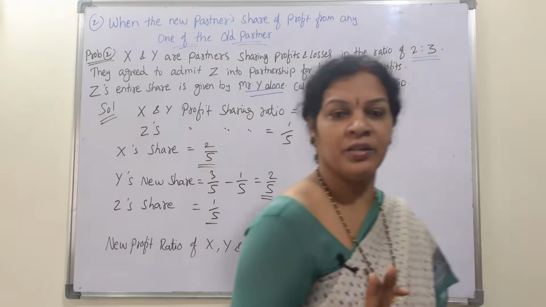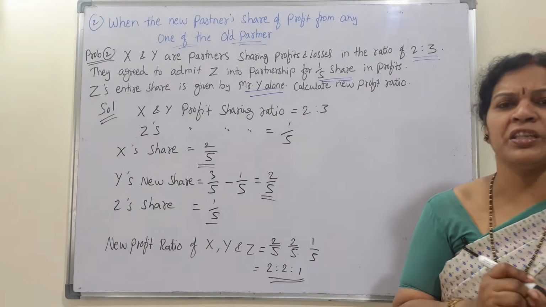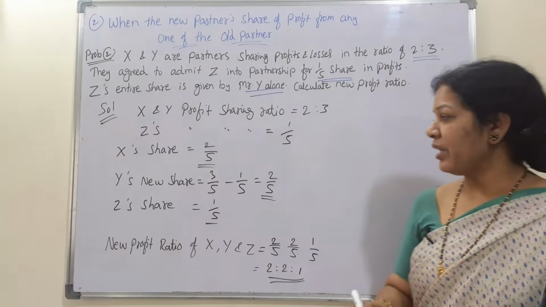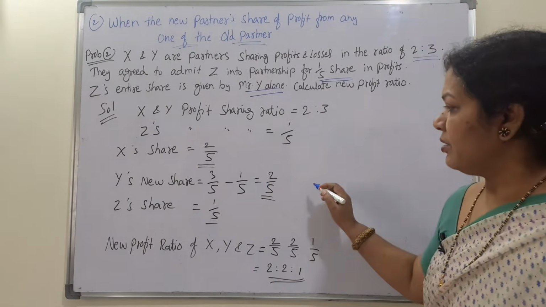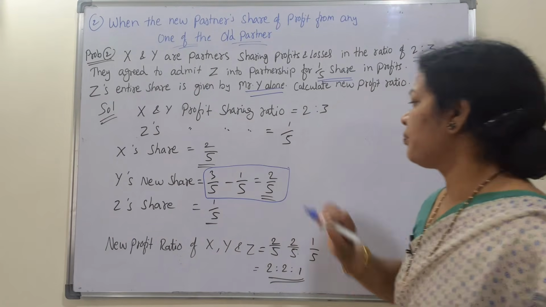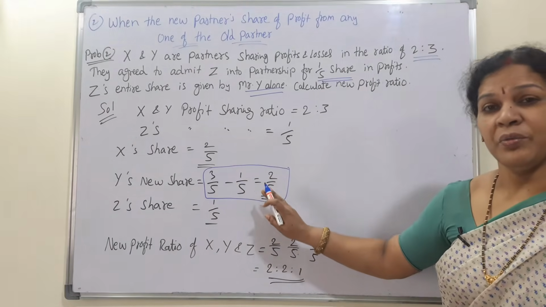Am I clear? So a simple thing: when someone is sacrificing, someone is giving from his share, then only from his share we have to calculate. Remember this point mainly. Z's share is as it is, only Y's share we are giving out of.